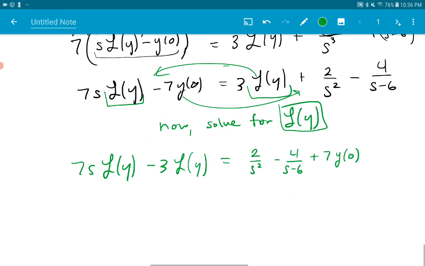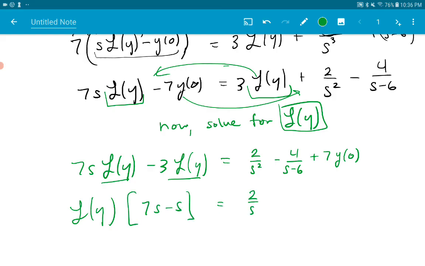We're almost there. I've got the Laplace transform of y in two different places on the left side. Factor it out. 7s minus 3 equals 2 over s squared minus 4 over s minus 6 plus 7 y of 0.